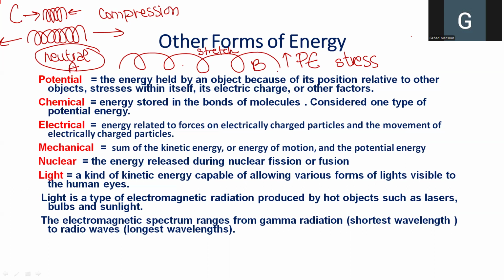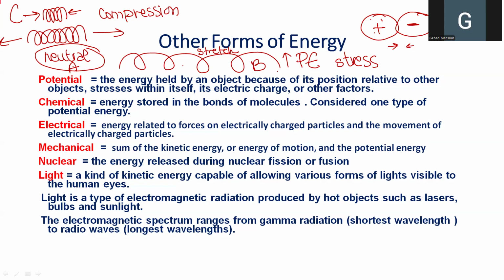Now, the chemical energy is the energy, of course, the potential energy can also be due to a position, not due to the position of the object only, or due to the stress within the object itself, but it might be due to its electric charge. For example, if you have two bodies, a positive particle and a negative particle, of course, they are attracted to each other. There is an electrostatic attraction force between them.